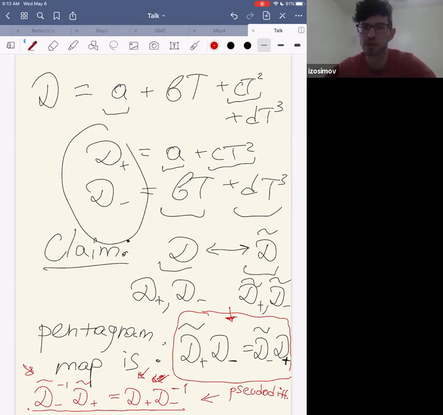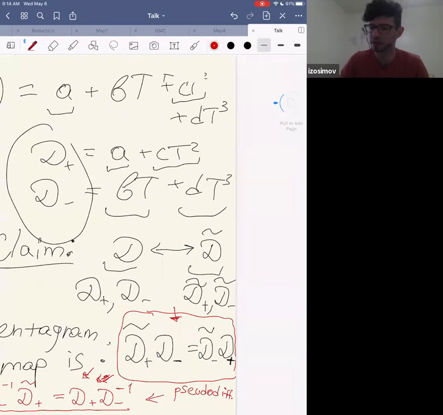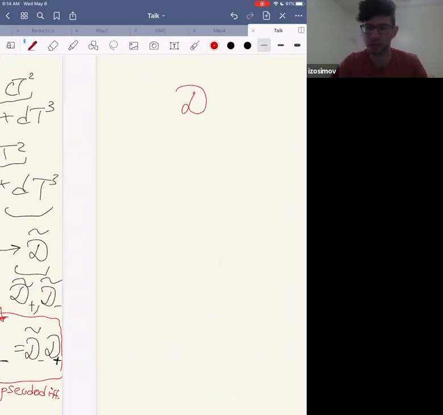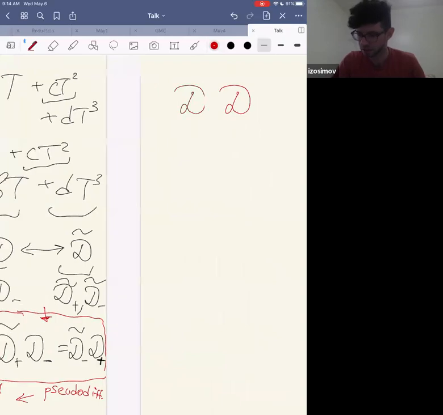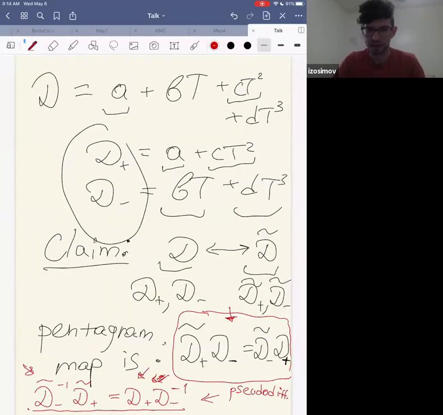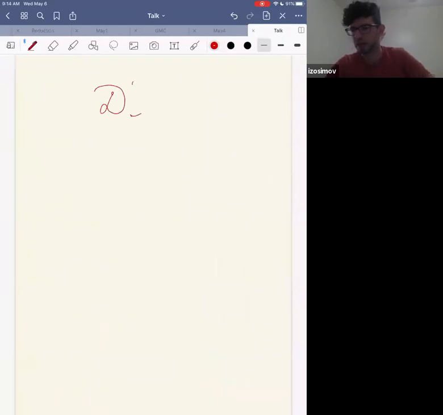That is a refactorization relation, and this immediately implies that the pentagram map has a Lax representation. What this is saying is that if we consider the operator D minus inverse D plus, then the pentagram map sends this to D plus D minus inverse.